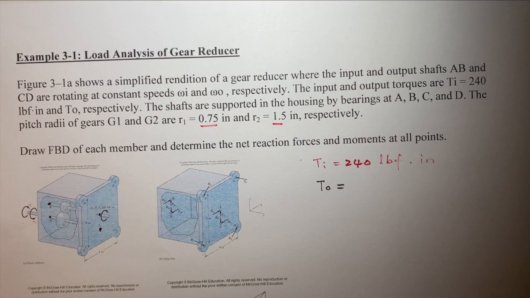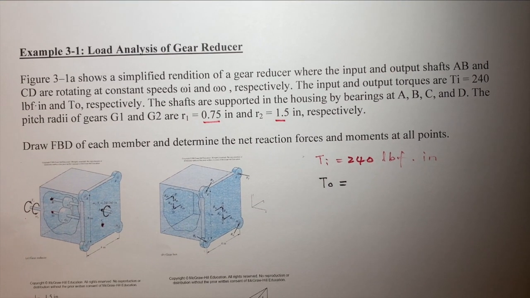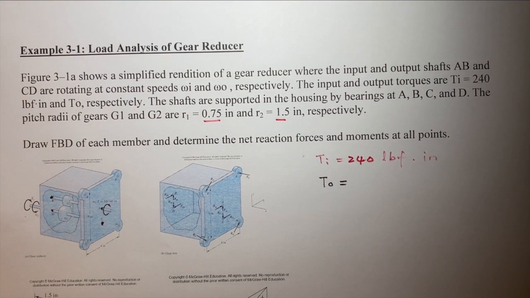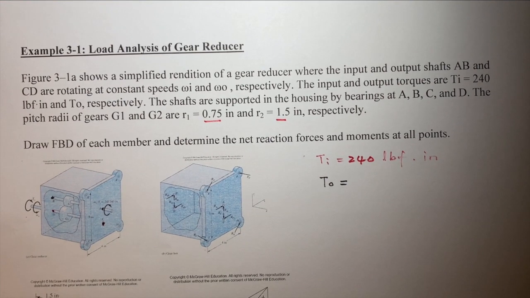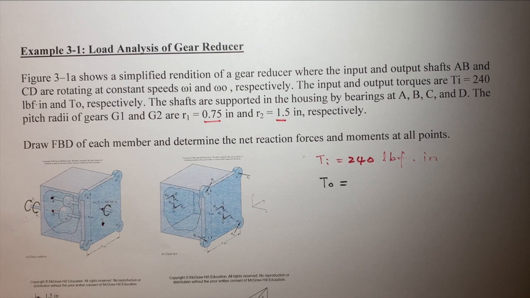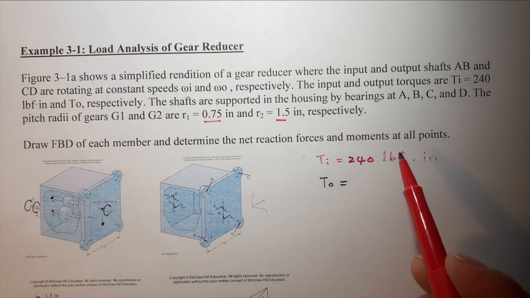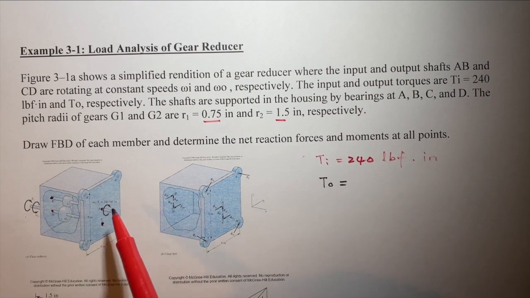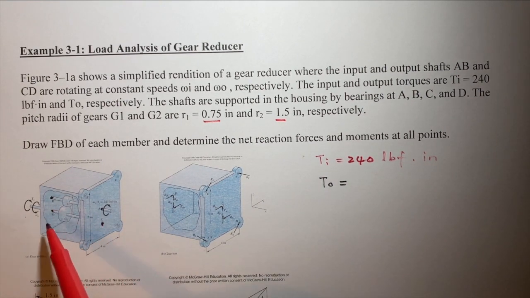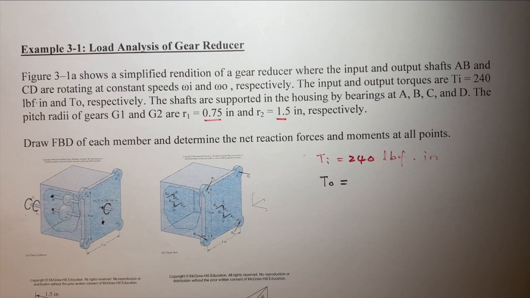So this is the problem. We ask you to sketch the FBD of each member and determine the reaction forces and the moments at all points. So we ask you to find the reaction forces at A, B, C, D.